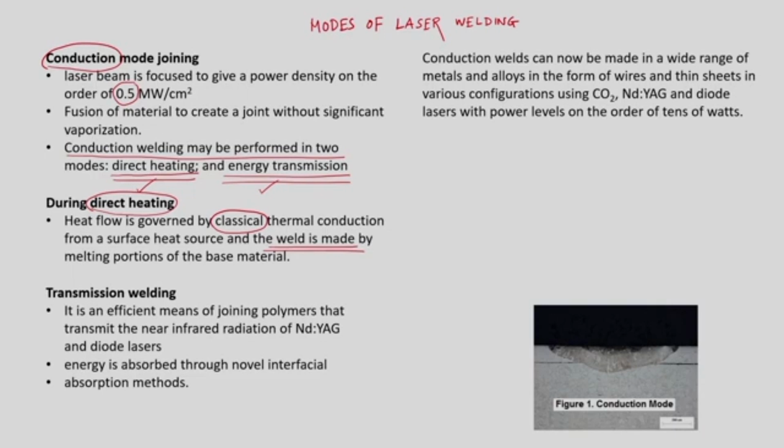During laser heating, heat flow is governed by classical thermal conduction, while in transmission welding we use novel interfacial absorption methods such as inks, and it is basically used for polymers. Some polymers may be transparent, and that transparent material can be processed by this transmission welding operation. Now let us see how exactly this conduction mode occurs.